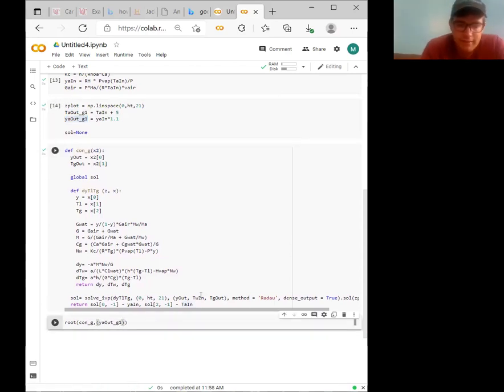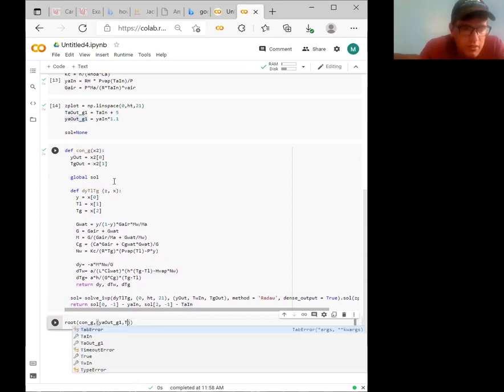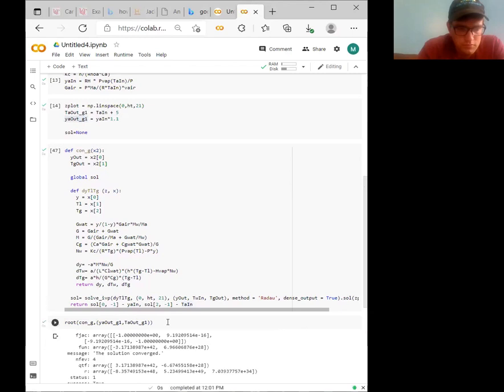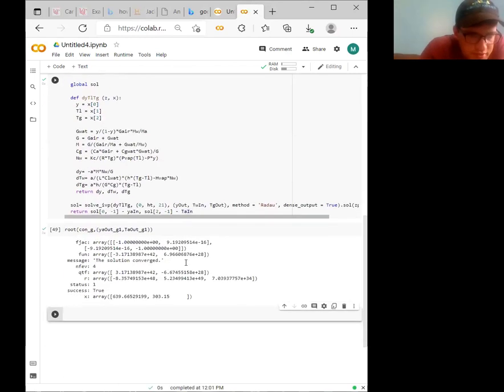G1, and then I have the TA out G1. And this should be correct now. Yep, there we go. And that gives us the array, which is beautiful and looks like the correct values.